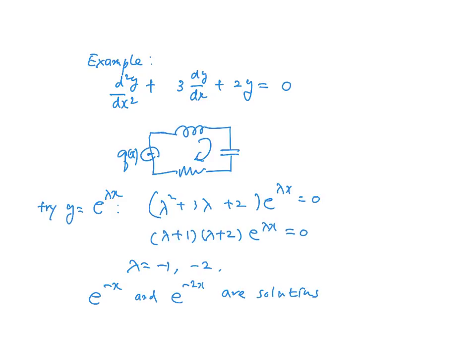But also, the linear combination is also a solution. Also, c1 exponential minus x plus c2 exponential minus 2x, a linear combination, is also a solution.